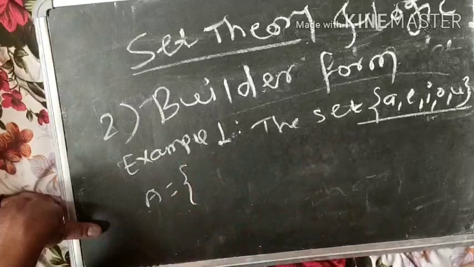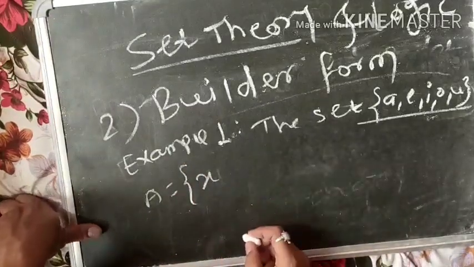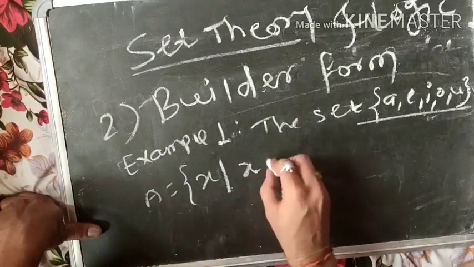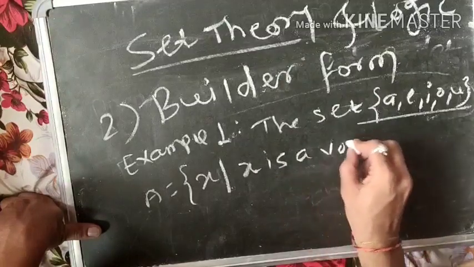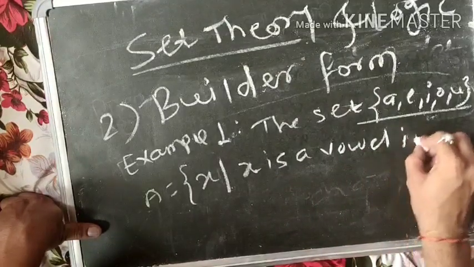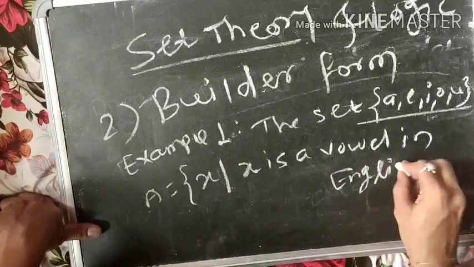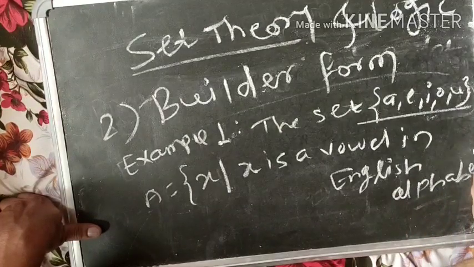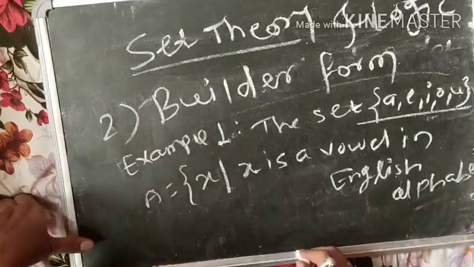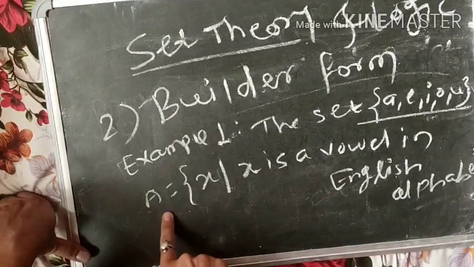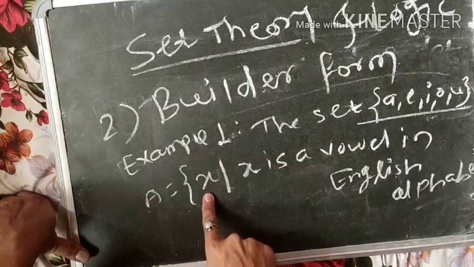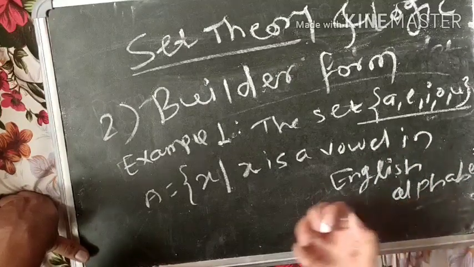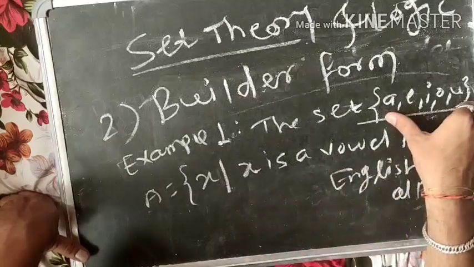A is the set which contains elements x such that x is a vowel in the English alphabet, inside curly braces. This is the builder form of representation of this set, and the other is the tabular form of the set.